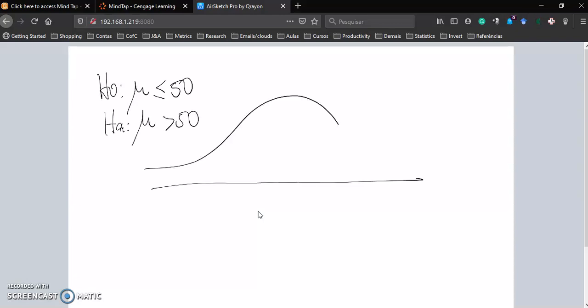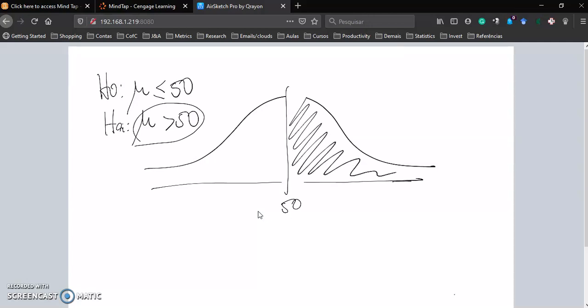If we draw, and I suggest you draw it too, if the mean is 50 and the alternative says that it is higher, then what we are testing is whether it is higher: 51, 52, 53, and so on. This is the reason it is an upper tail test.